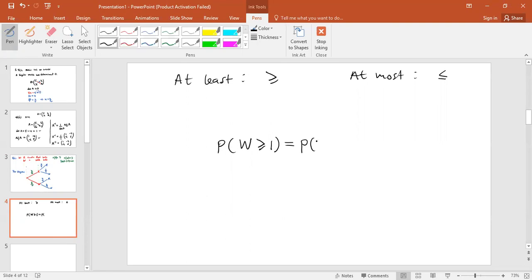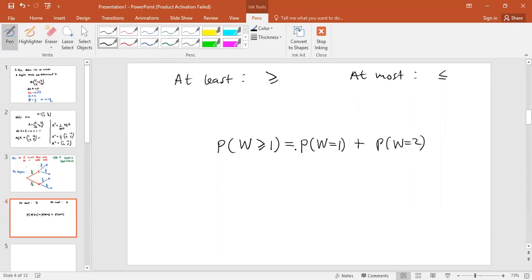So when W is 1, we picked one ball and that ball is white. Then we say plus when we pick both balls white. Both are white.